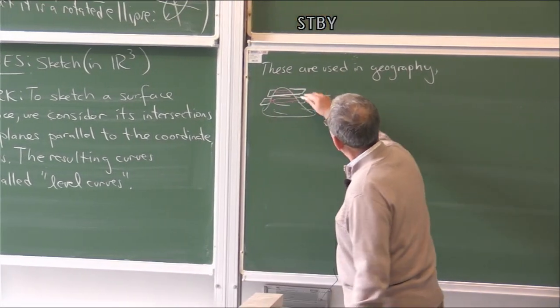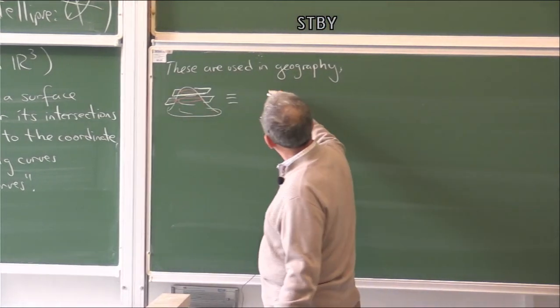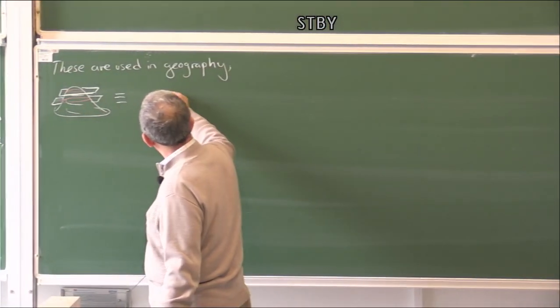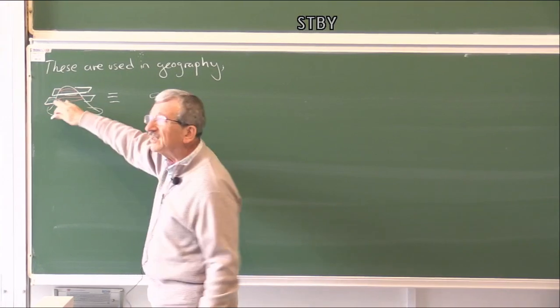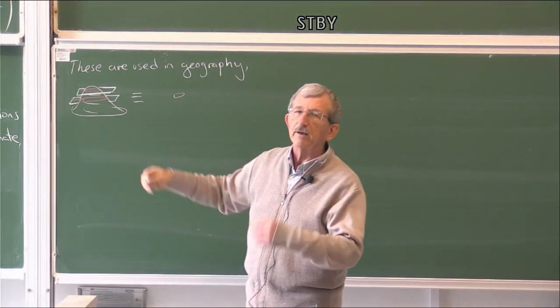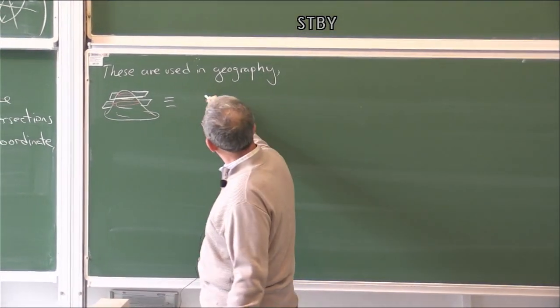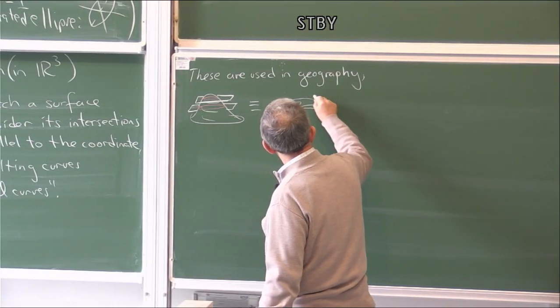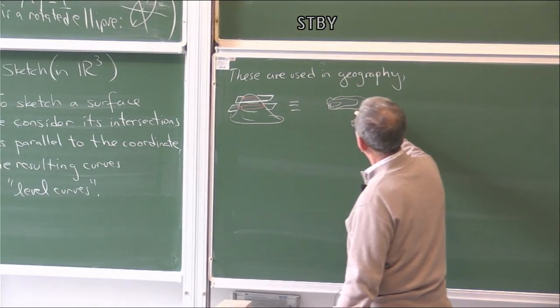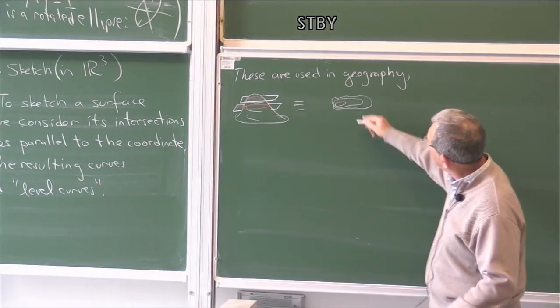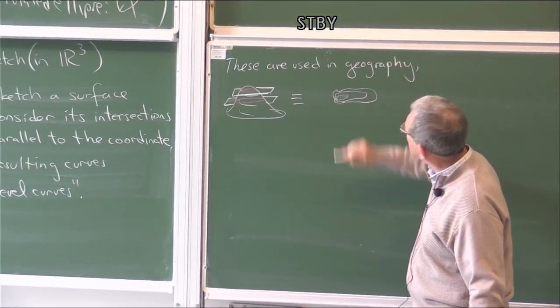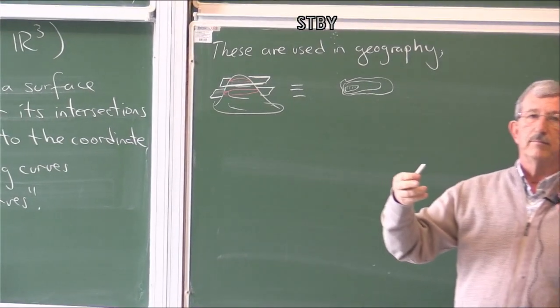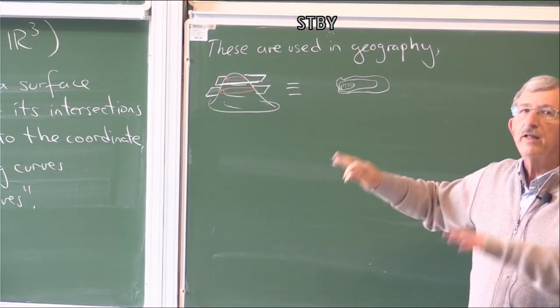At the top, say you have a curve of this form. It need not be a circle, of course, depending on the hill. And then you show it like this, and so on. Of course, here, the inside part is the highest one. The others are lower and lower.